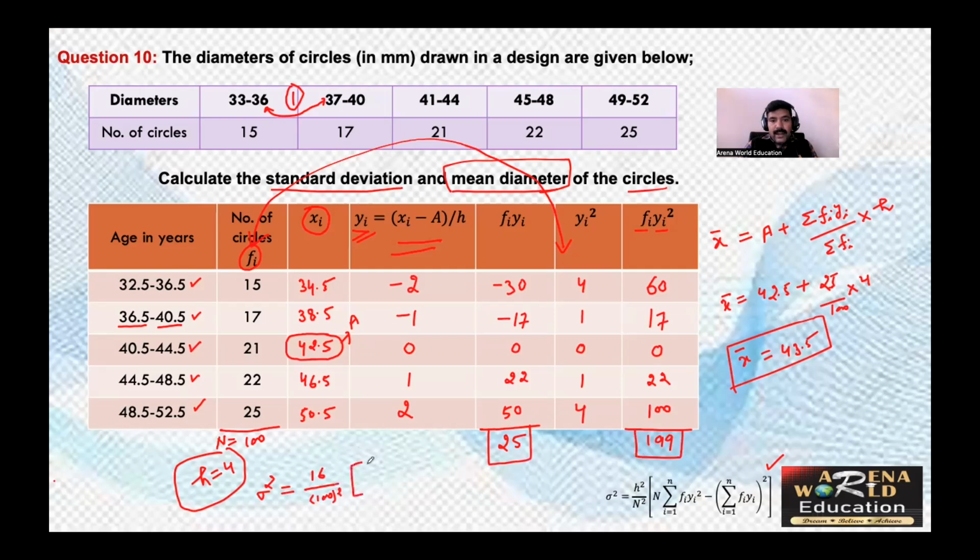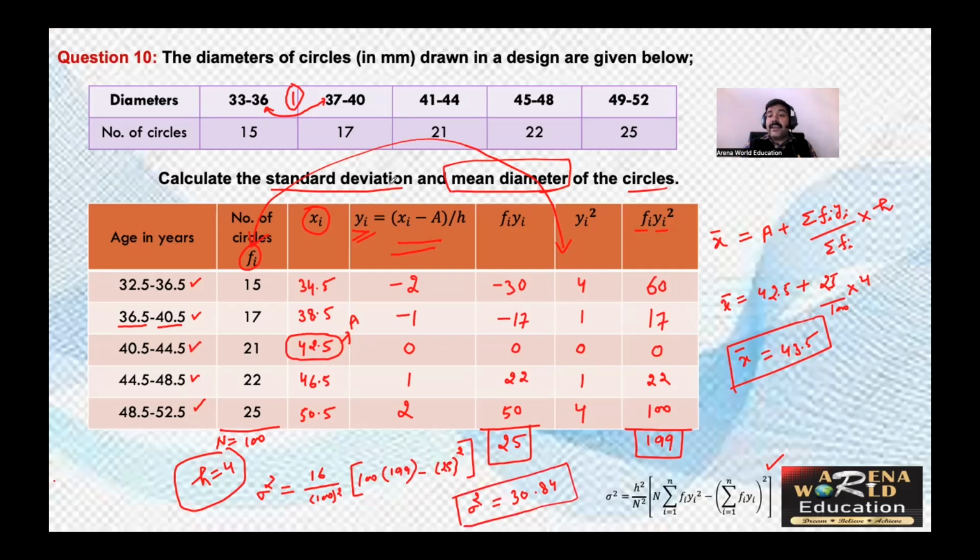Then we have N, which is 100, into summation Fi Yi square, which is 199, minus summation Fi Yi, which is 25, and we have to find its square. After solving, you will get variance equal to 30.84. And this is the variance for the given data.